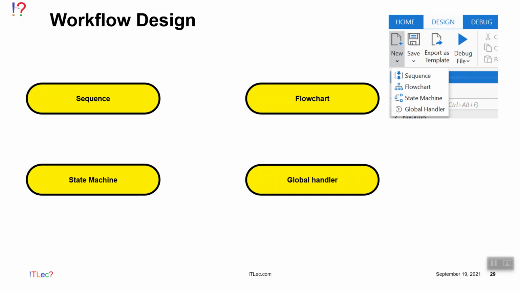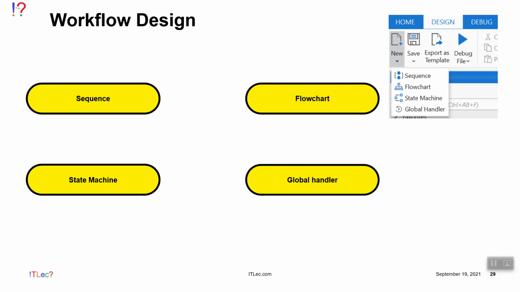We have a state machine. A state machine uses a finite number of statuses in its execution. It can go into a state when it's triggered by an activity, and it exits that state when another activity is triggered.